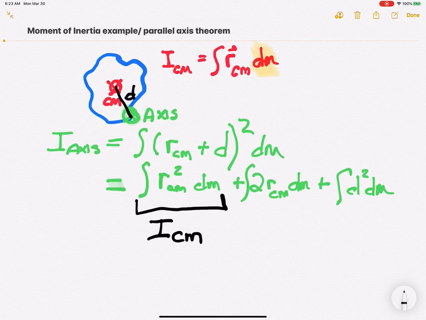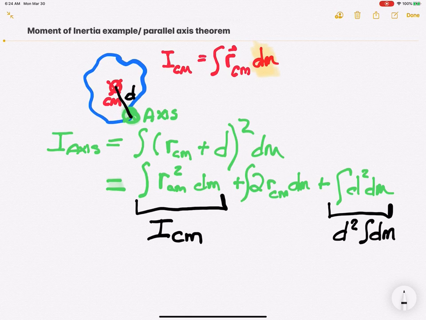This one here, the d is a constant. It goes from the axis to the center of mass. So this allows us to see this as d squared, the integral of dm. So in other words, d squared times the sum of all of the masses.